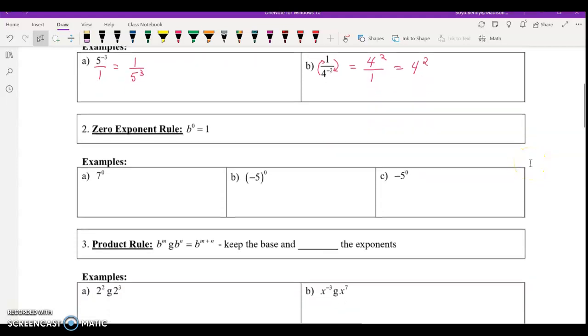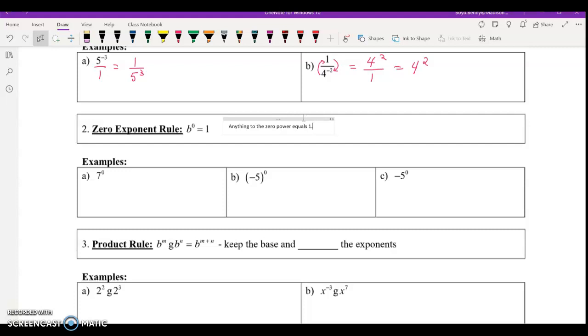Okay, let's move on to our 0 exponent rule. So for 0 exponents, the rule is anything to the 0 power equals 1.